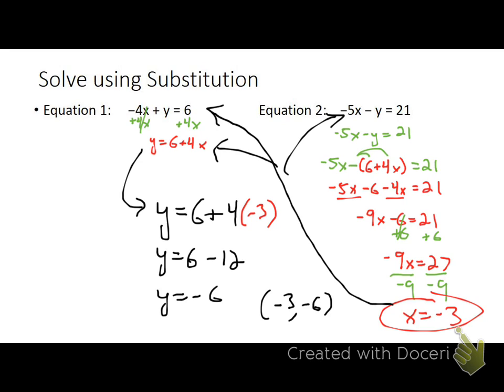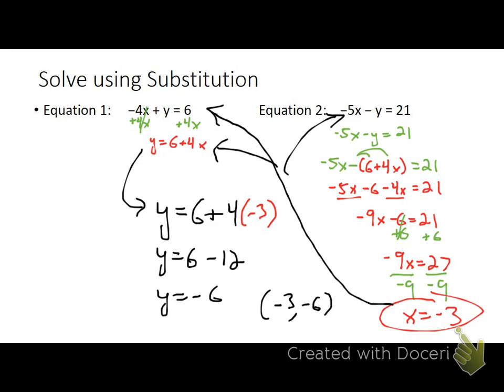What is the thing that you should always do in a system of equations once you find your solution? Okay, hopefully you were saying, I need to check my answer. I need to take that and substitute in, preferably into both equations to see if it works, but at least into one equation.